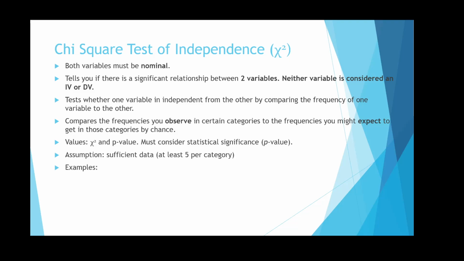They're just two variables. So the way that we are going to test if there's a relationship between these two categorical variables is we are going to look at the frequencies of how they occur together. Is there a pattern in the frequencies such that one category of one variable is occurring more frequently with a certain category of the other variable, and vice versa?